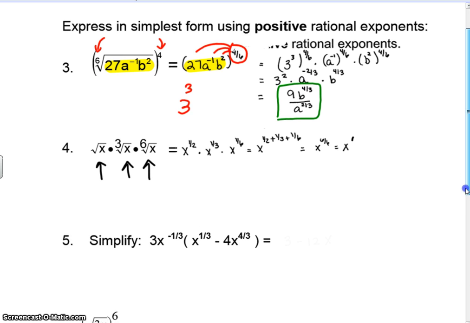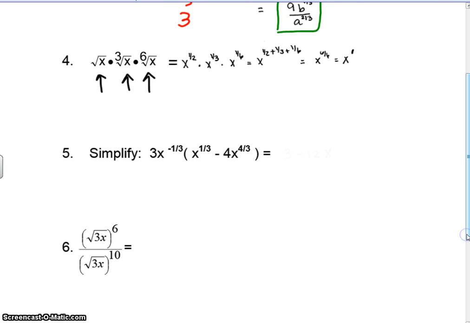Okay, and then number 5, simplify 3x to the negative 1/3 power times x to the 1/3 minus 4x to the 4/3. All of that equals 3 minus 12x to the first power. So let's take a look at how they got that. First of all, only x has the negative power on it. So we're going to take the reciprocal of the x.